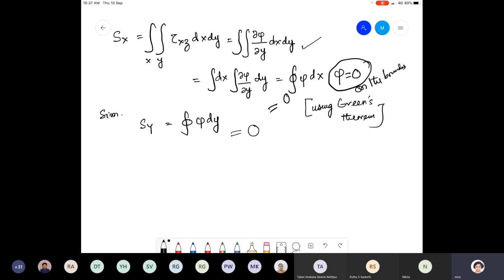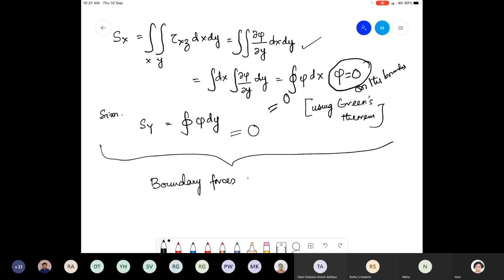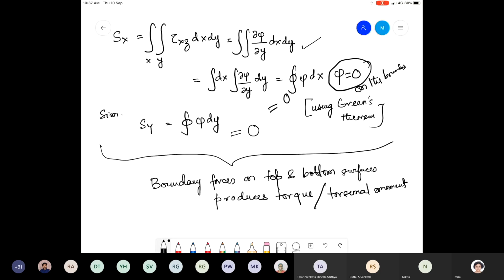So now that the resultant forces are zero, from this we get to know that the resultant forces are zero because of these boundary forces.